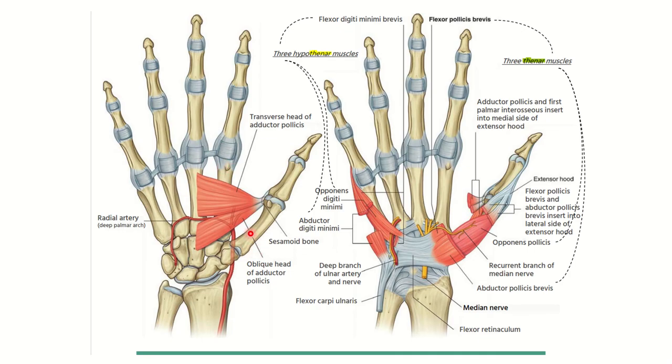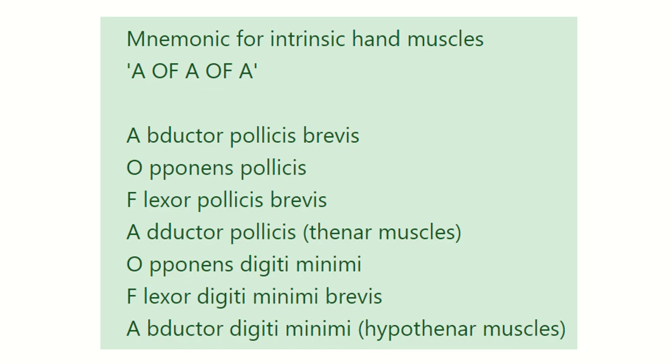In this picture we can see the hypothenar muscles: opponens digiti minimi, abductor digiti minimi, and flexor digiti minimi brevis. So the thenar muscles, hypothenar muscles, lumbricals, dorsal interossei and palmar interossei are the intrinsic muscles of the hand.